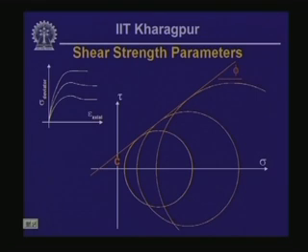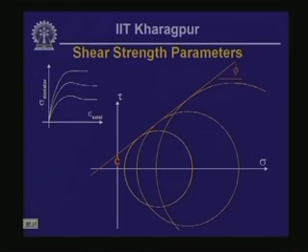So the characteristics are really the angle which the line makes with the sigma axis and the intercept that the line has at sigma equal to 0, the tau axis. So these two parameters are also indicated on your screen there. The angle here is denoted by the symbol phi, and the intercept is denoted by the symbol c.